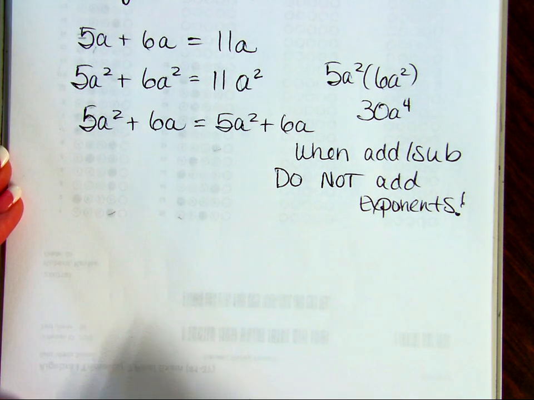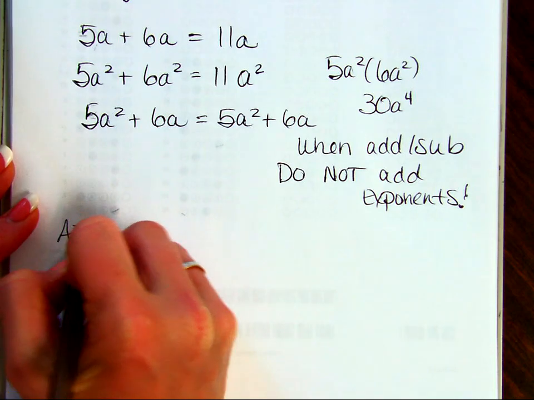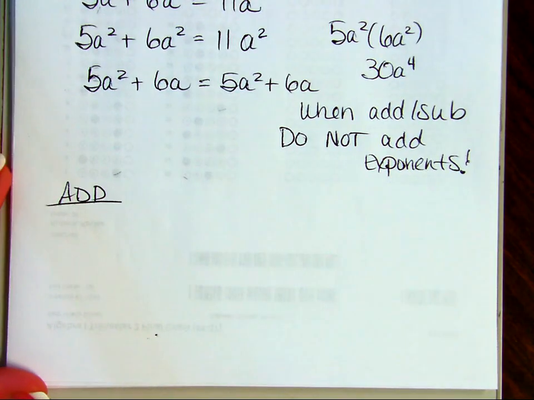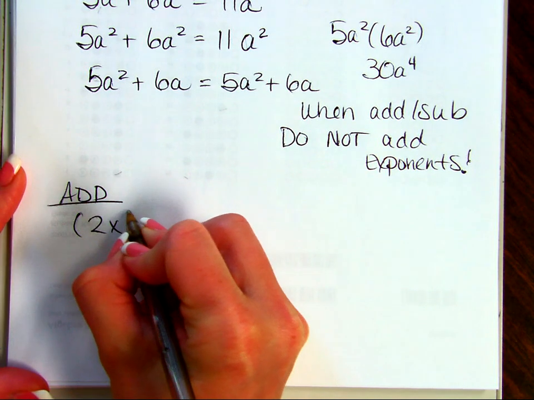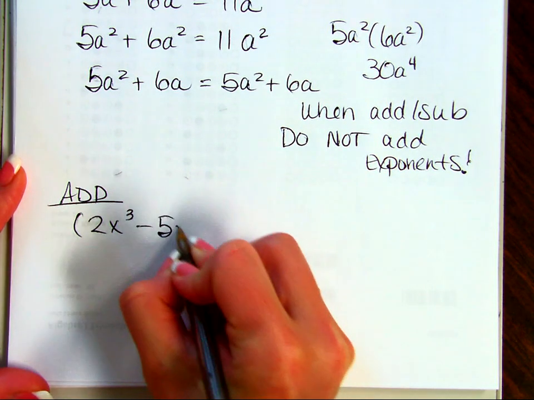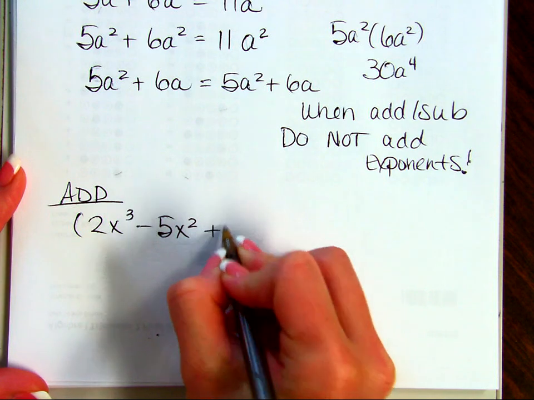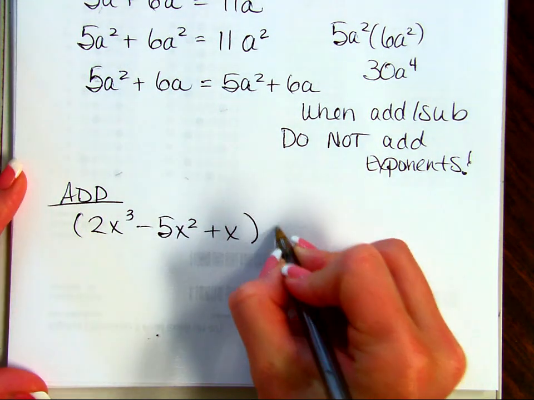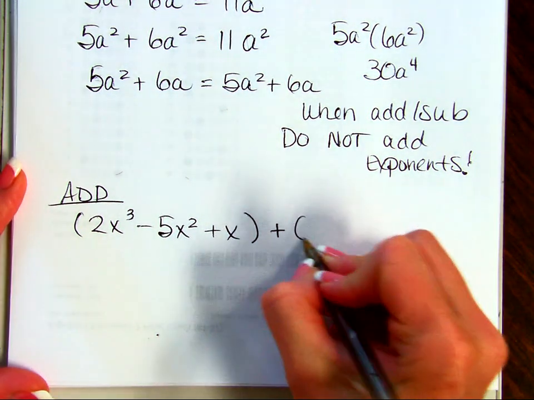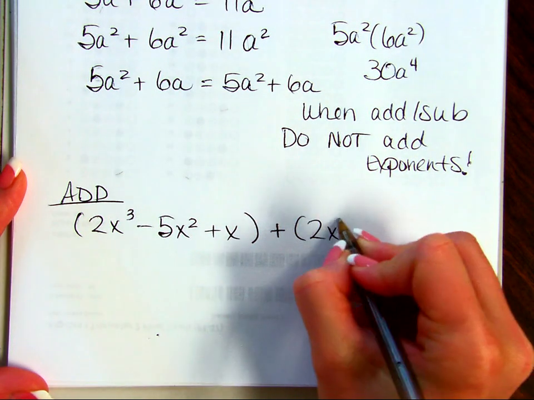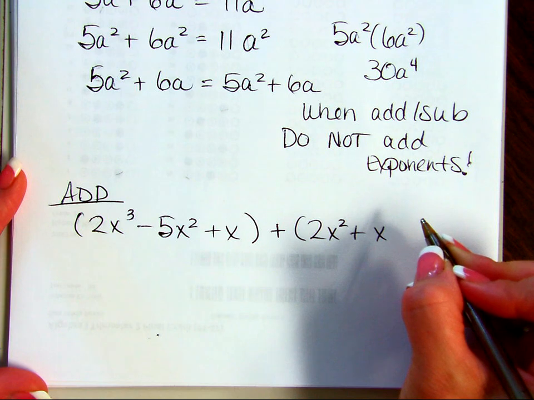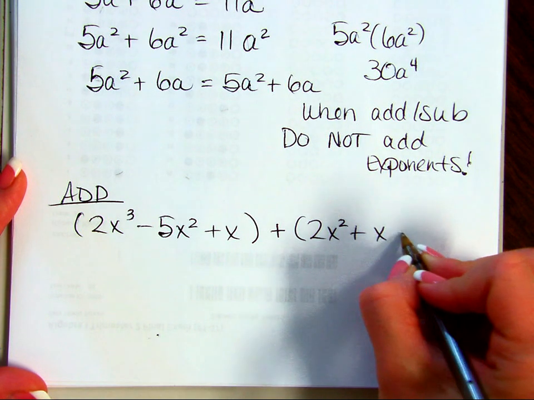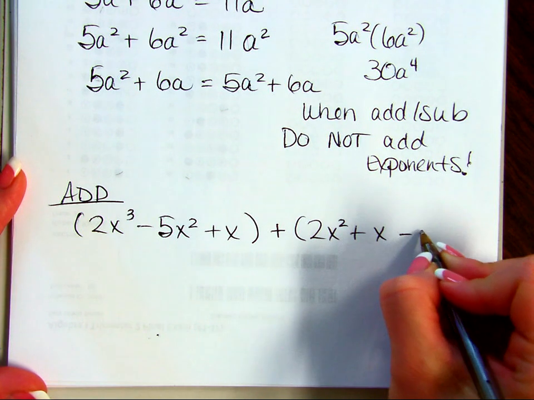The first kind of problem you're going to see is a trinomial plus a trinomial. So let's talk about adding them first. So if I were to take the trinomial 2x cubed minus 5x squared plus x, and I ask you to add that to this trinomial, 2x squared plus x, minus 1.